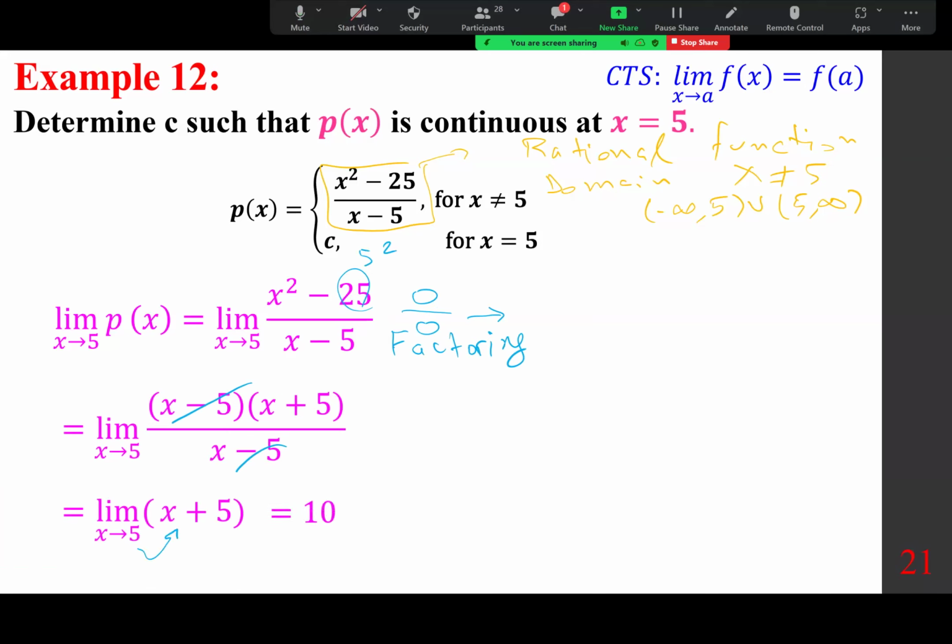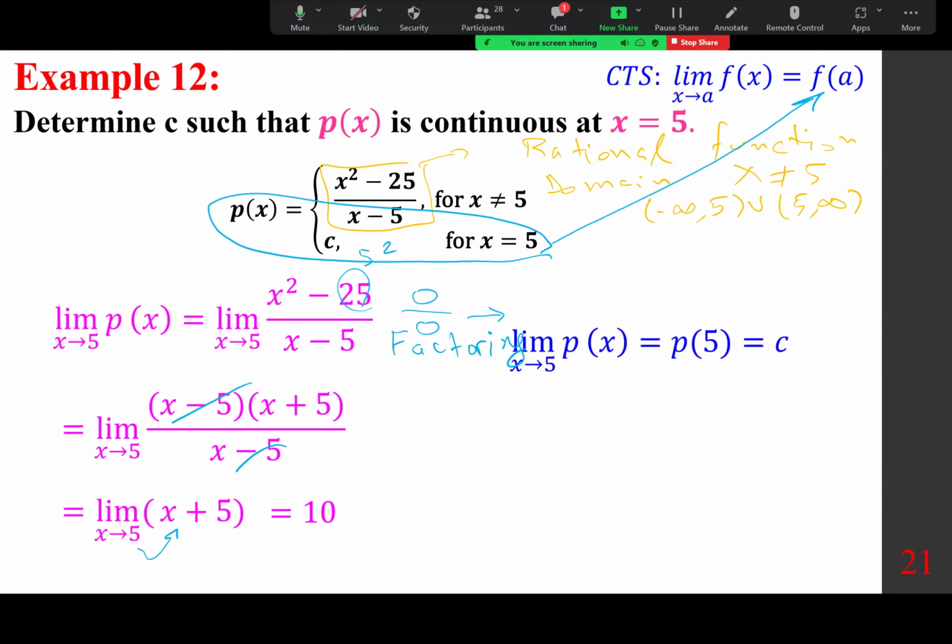So we proved the limit exists and it's equal to 10. We also know from here that f of a, namely 5, is equal to c, and they must be equal.